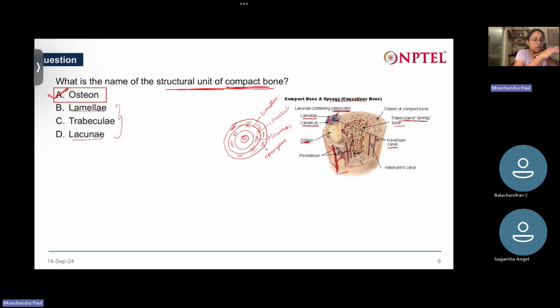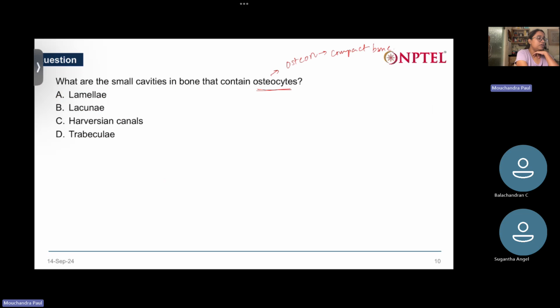But now, if you are able to visualize how the osteon looks and what the structures of osteon are, can you answer where in the osteon the osteocytes reside? Is it lamellae, lacuna, Haversian canals, or canaliculi?